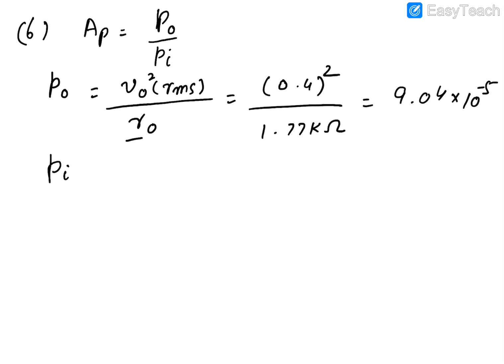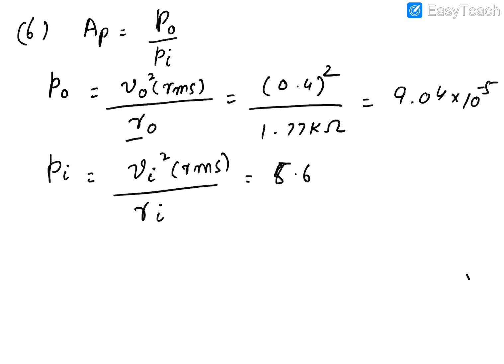Next is input power, V I square RMS divided by R I. The input RMS voltage is equal to 5.66 into 10 raised to the power minus 3, squared, divided by input resistance, which is equal to 2 kilo ohms.